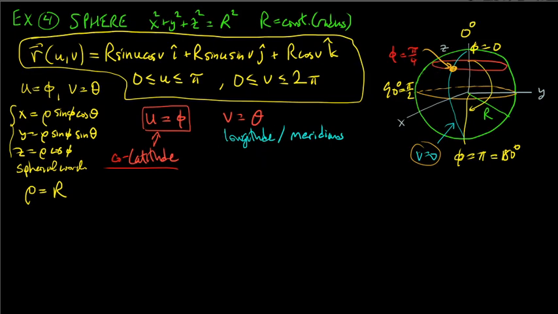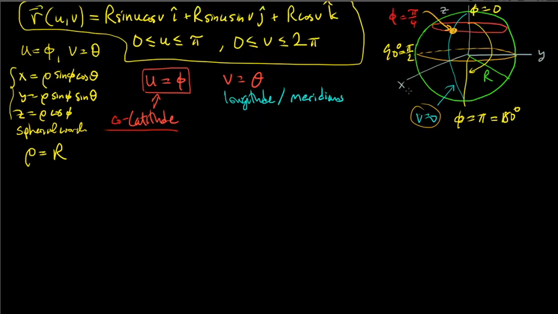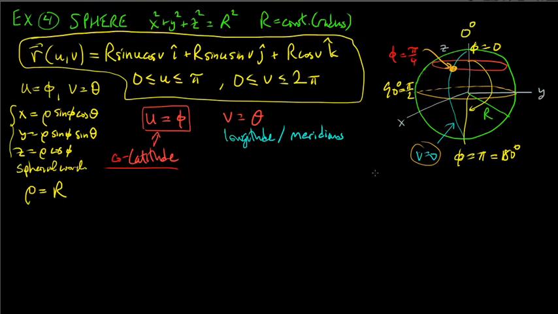Okay. Right. So the idea is the mapping R takes the points in the UV plane. And remember, u just goes from 0 to pi, but v goes from 0 to 2 pi, so you get this rectangle here.